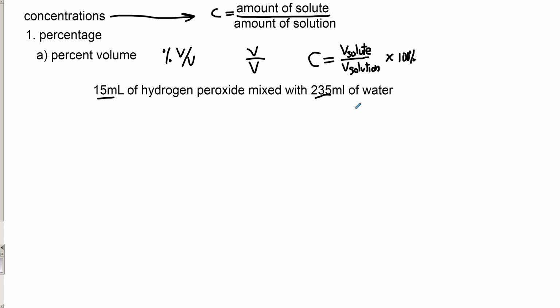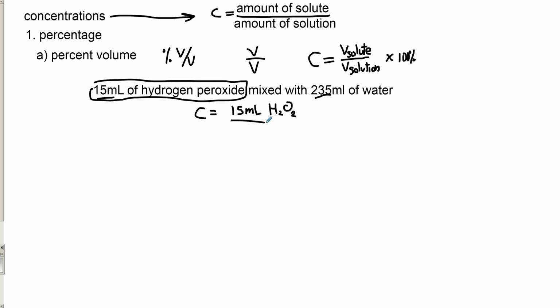So we're going to do volume of solute divided by volume of solution. I'm going to say C equals my volume of solute, 15 mL H2O2, that's hydrogen peroxide, divided by, and here's where people are going to make a little bit of a mistake. I know I said 235 mL of water, but we're not going to put 235 down here.